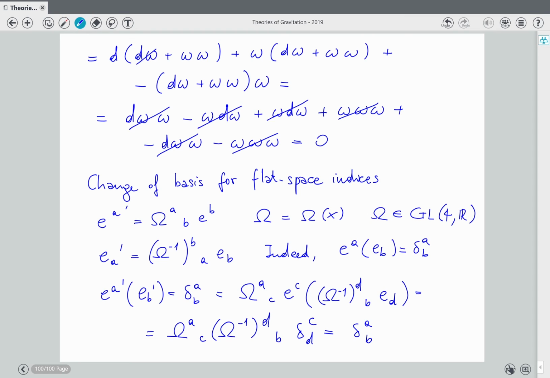For the moment, it can be any invertible matrix. And why that? Because we are studying a generic change of basis. If you have a basis of vectors and you multiply it by a generic linear transformation, you will have also a basis. It doesn't need to be orthonormalized or anything.